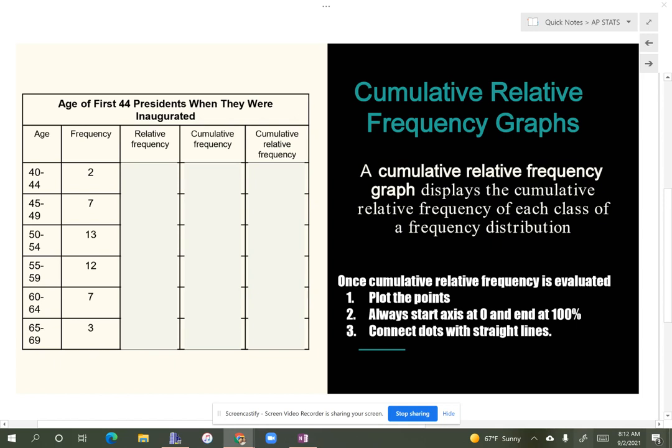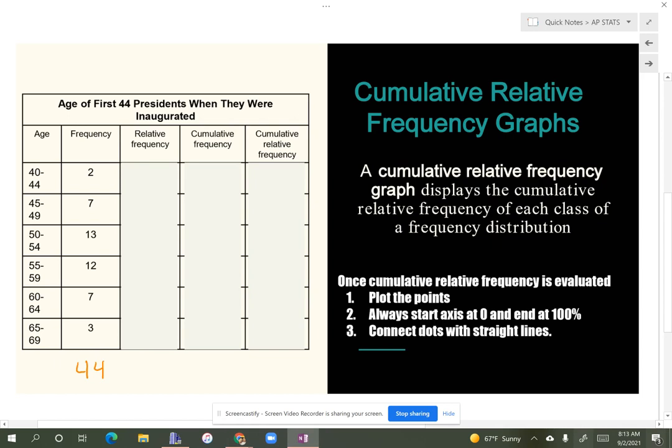Okay, so we are going to find the relative frequency, the cumulative frequency, and the cumulative relative frequency. So, relative frequency, we are going to take the frequency and divide it by the total. If we add these up, 2, 7, 13, 22, 73, that is 44 total.